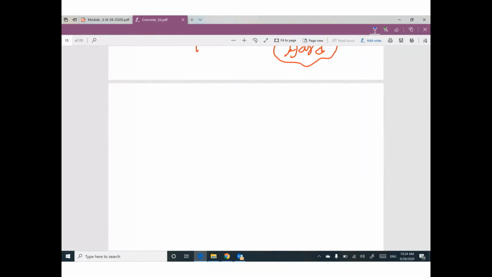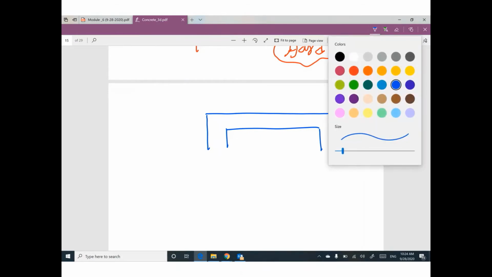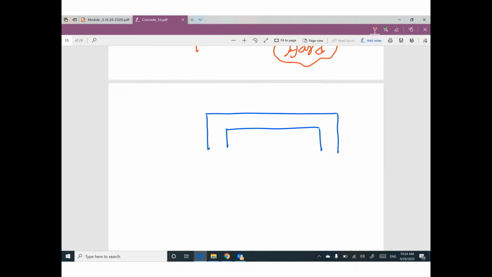And someone will ask you, hey, if we have a beam like this, and we have a crack in this beam like this, how can we resist this crack? Or we have a crack like this, how can we support this crack?